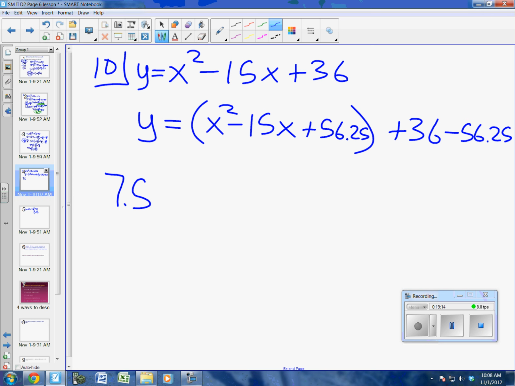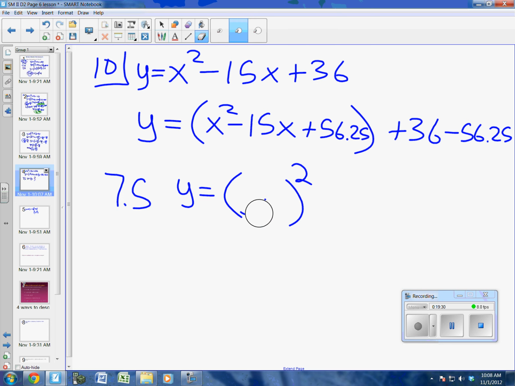Then I'm going to have y equals, and I'm going to factor this into two factors that are the same, because this is a perfect square. And what's my numbers? X minus, how do I know it's x minus? X times x is x squared, right?